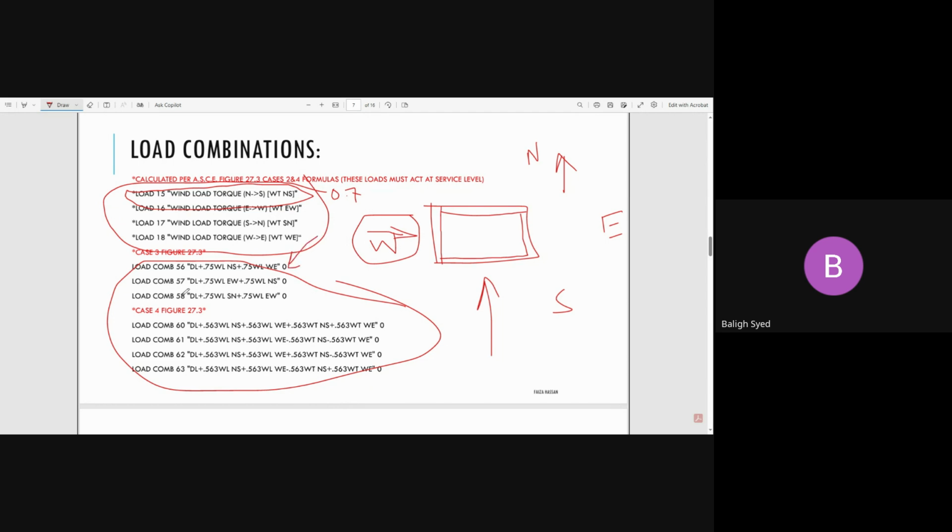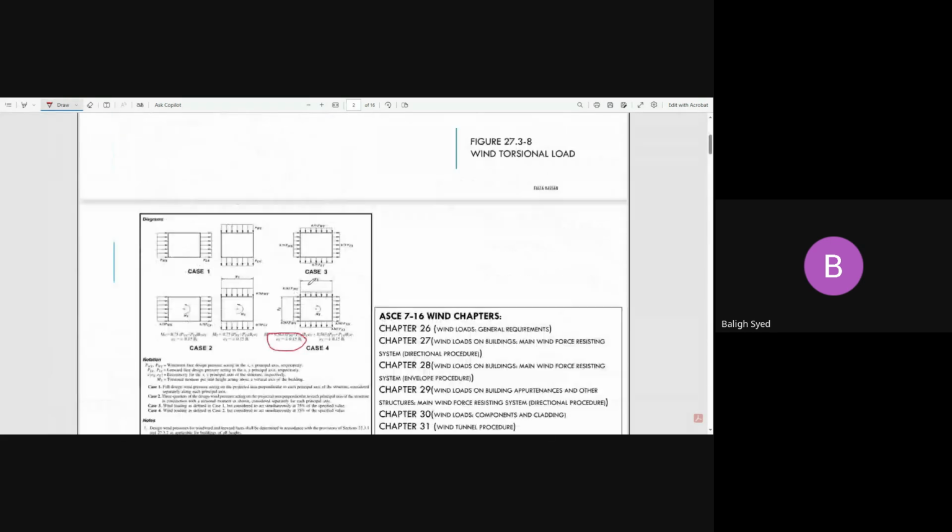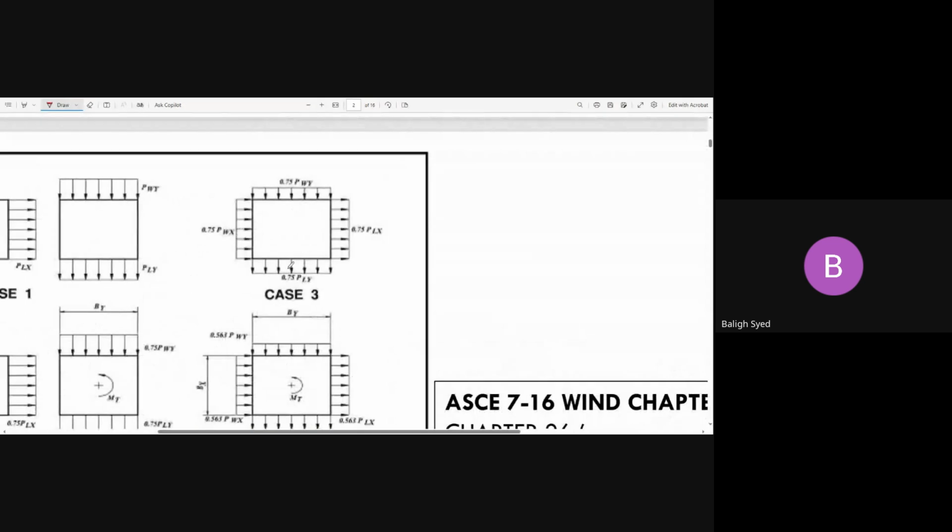Now what code is it? This figure, so if you come to here, see here, pay attention. Case 3, what is case 3 saying? Case 3 is saying you will apply my brace or my shear wall right here. It has to be designed for the wind which is being applied from here. But remember, which wind are we talking about?